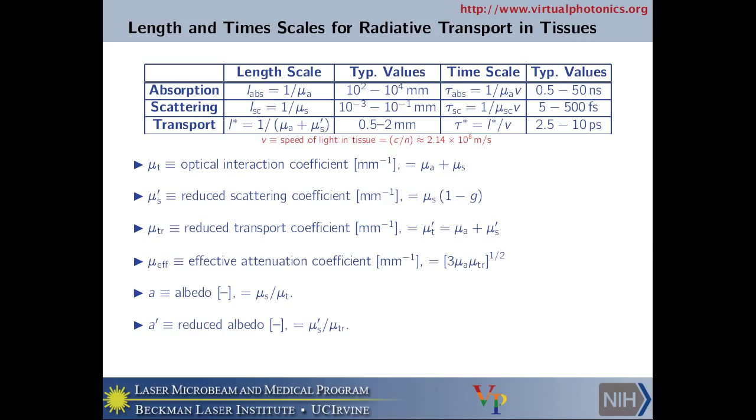L star is a transport mean free path, which is 1 over the sum of mu a and mu s prime. So it's the characteristic length scale for a photon to encounter an isotropic scattering event or absorption. I have typical values here.